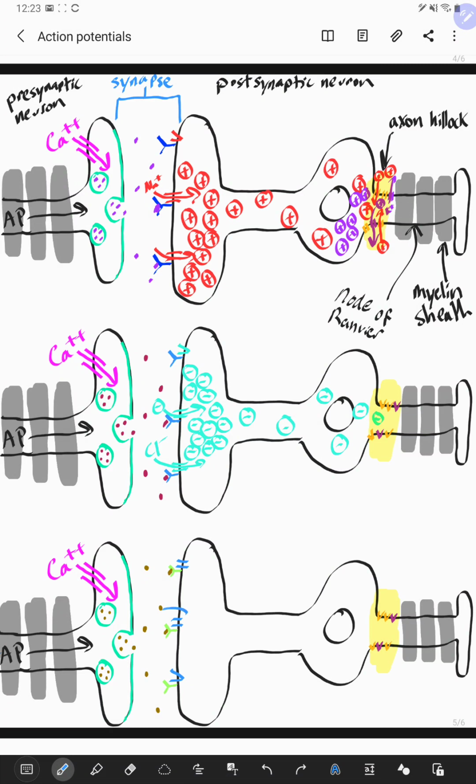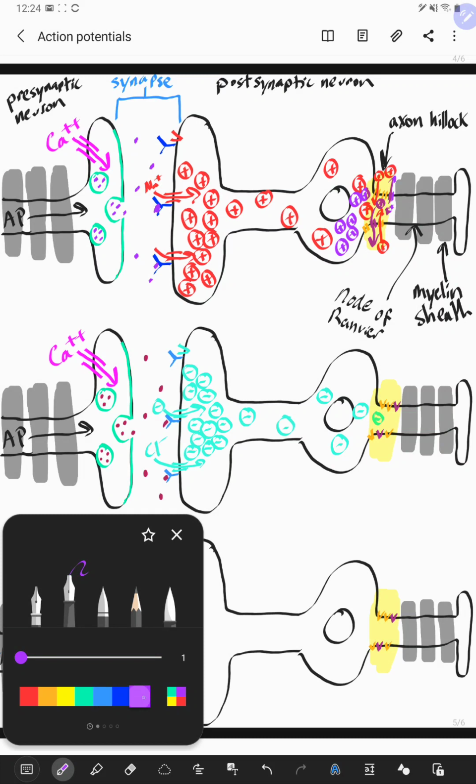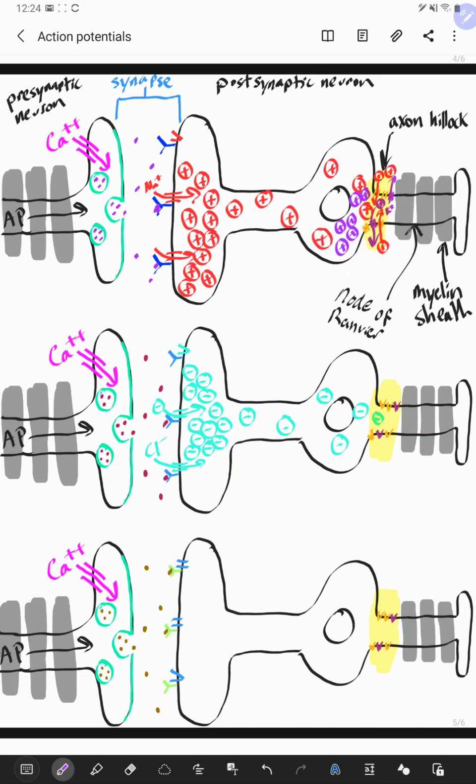And again, it interacts with the receptor, and it only opens when the receptor is bound to a neurotransmitter. So when this ligand-gated potassium channel opens, we need to think about where potassium is located.